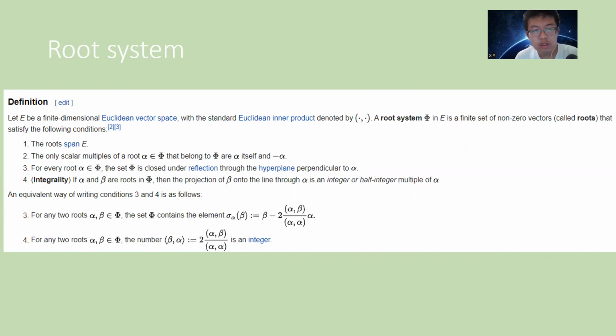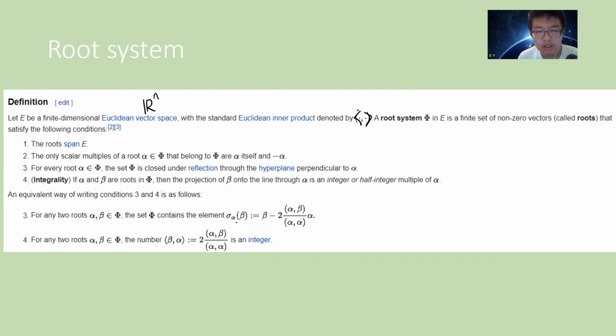You start from a Euclidean vector space, basically R^n, with an inner product. In this video, I will use a bracket as the inner product, and it satisfies the following conditions: the root system Φ spans E, the only multiples of α in Φ, for α belonging to Φ, are α itself and negative α. For every α belonging to Φ, the set Φ is closed under reflection through the hyperplane perpendicular to α.